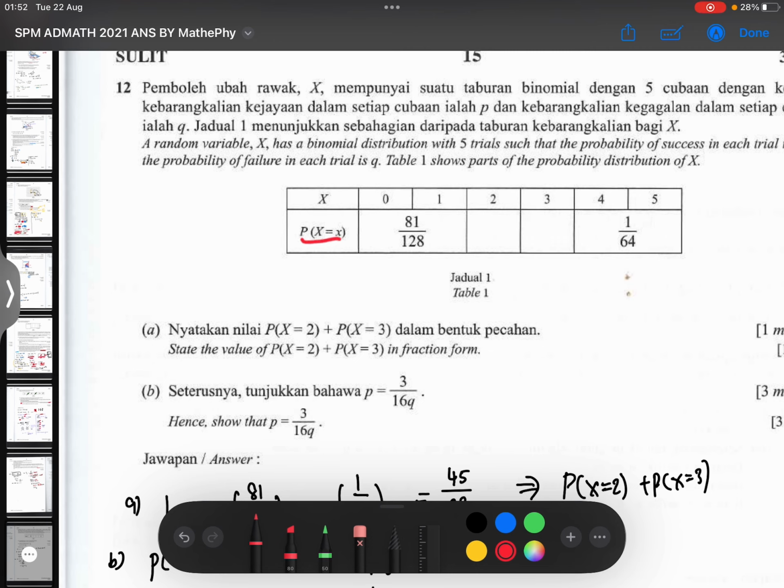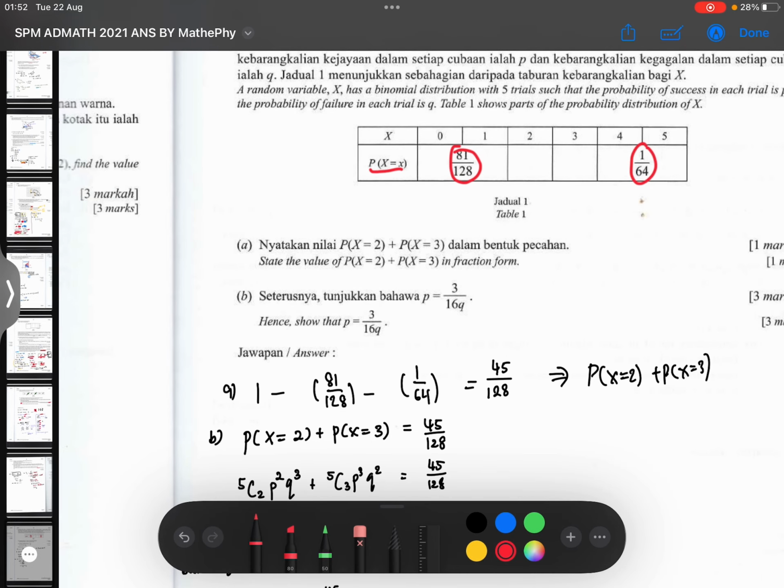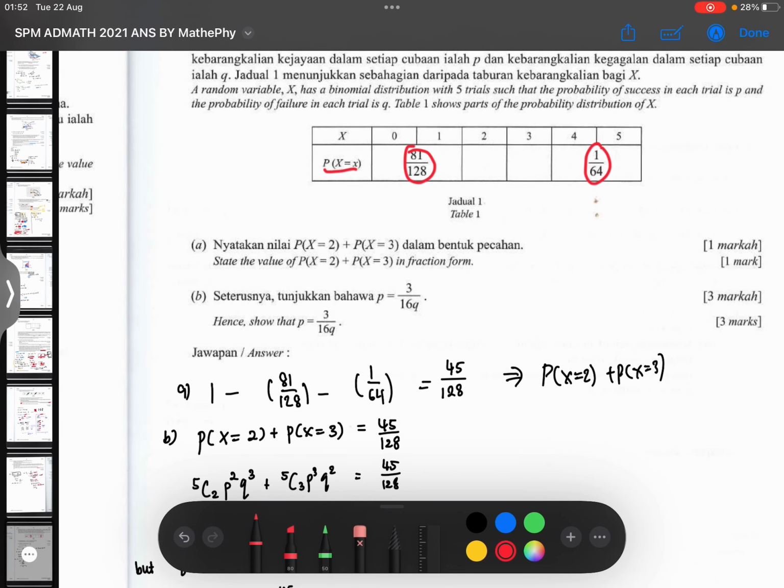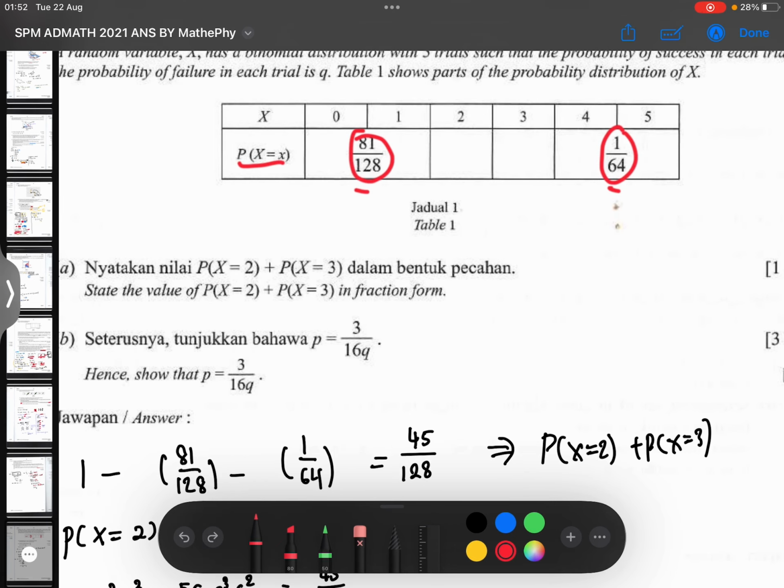The combined probability of x equals 0 and 1 is this, and for 4 and 5 is this. Because we know that the total probability is 1, we just do 1 minus this and this, and we get 45 over 128. So this is the combined probability, not the separate probability between them.